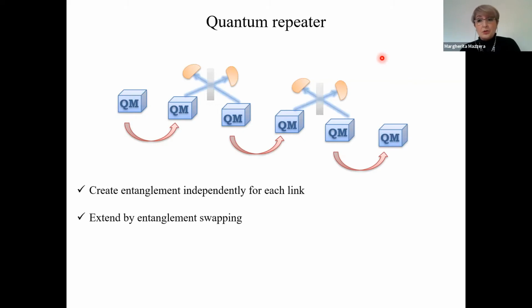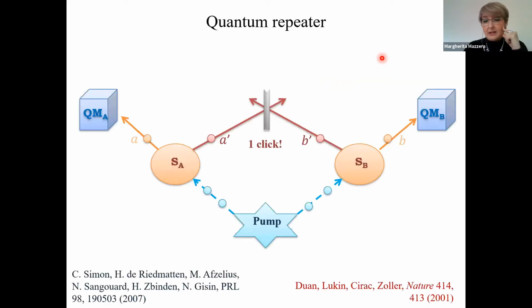And I'm going to show you today a particular protocol that we are aiming at implementing. It is based on a proposal from the group of Geneva back in 2007 that is inspired by the seminal paper of Duan, Lukin, Cirac, and Zoller of 2001.